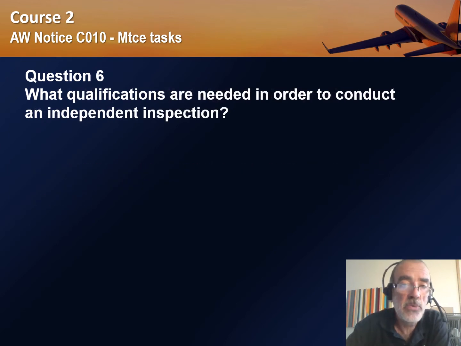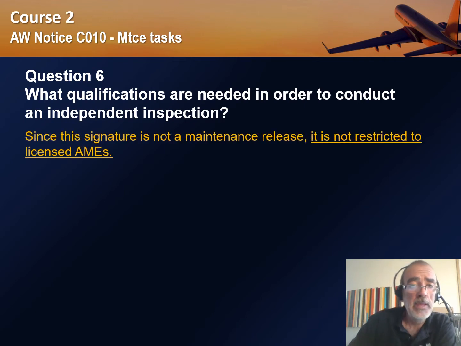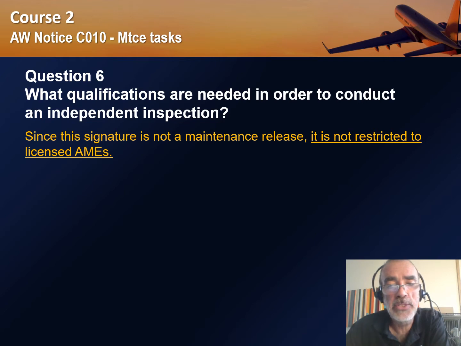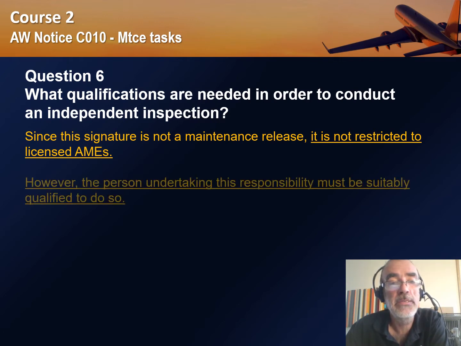Question 6. What qualifications are needed in order to conduct an independent inspection? Now remember I mentioned it doesn't have to be an AME. Since the signature is not a maintenance release, it is not restricted to licensed AMEs. So that means somebody else can do the verification without having a license.